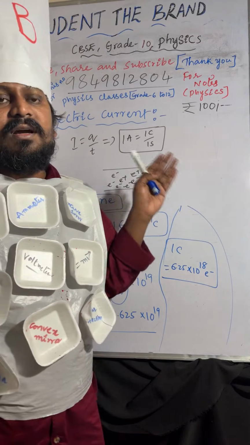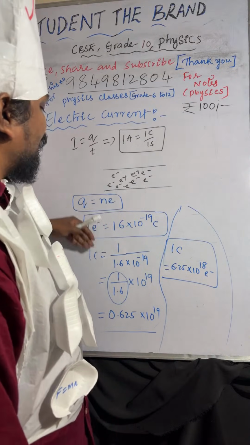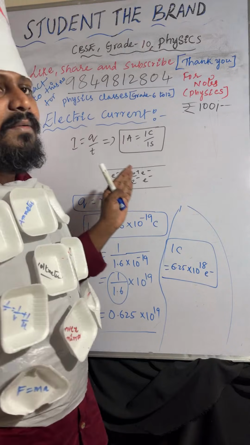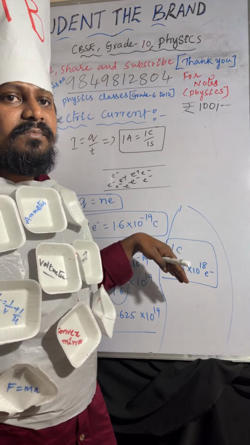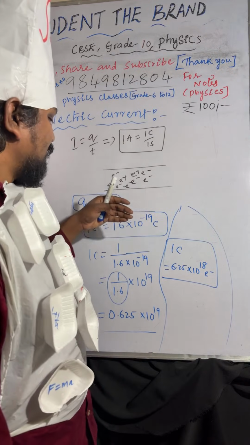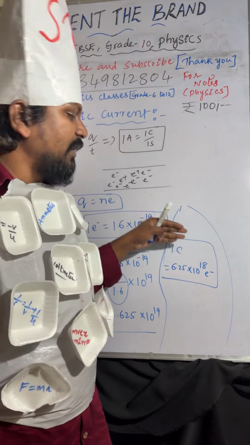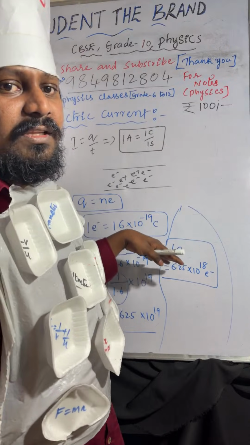On 1 electron there is 1.6 into 10 power minus 19 coulomb. In 1 coulomb, it is 1 by 1.6 into 10 power minus 19, and when it goes up it becomes the numerator. So in 1 coulomb you get 6.25 into 10 power 18 electrons. I hope it is very clear. So this is the answer.